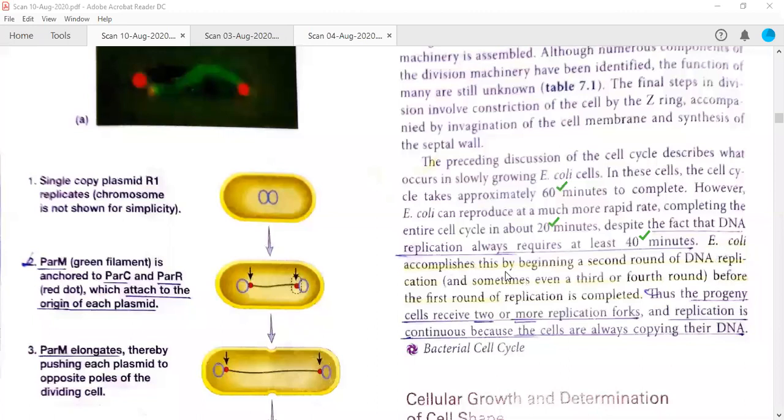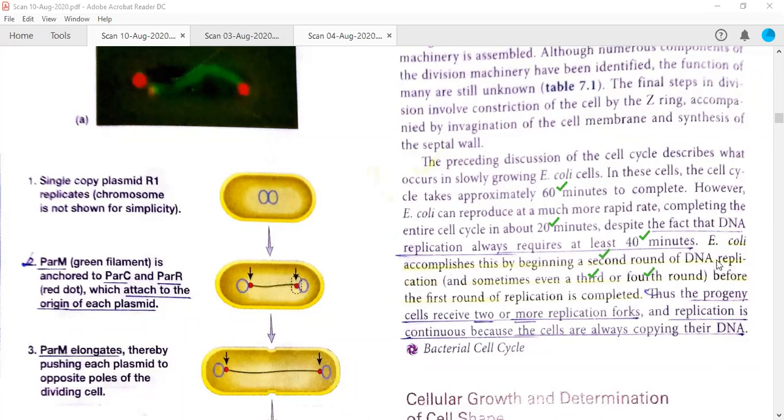E. coli accomplishes this by beginning a second round of DNA replication, and sometimes even a third or fourth round. Minimally it will be second or third, and in some cases, in very fast dividing bacteria, they can go up to the fourth round of DNA replication.